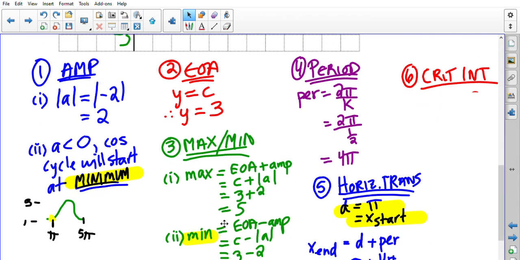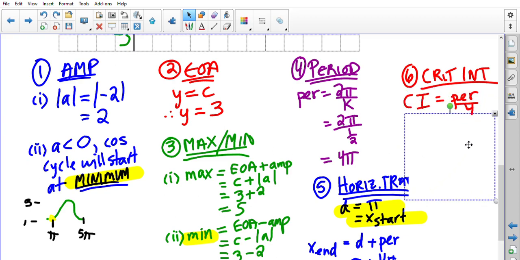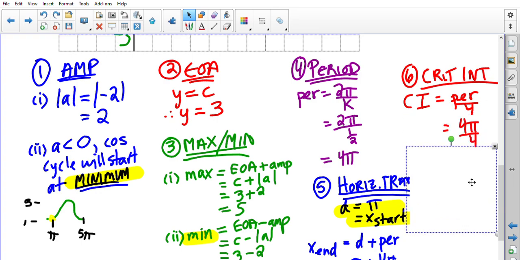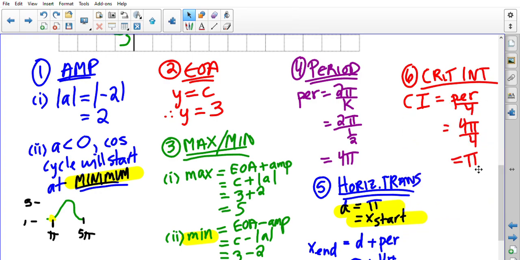And lastly, in order to graph the rest of this in good symmetrical form, I need to know how often a key point occurs. So that's the critical interval, the period divided by 4. That's 4 pi divided by 4, so pi.